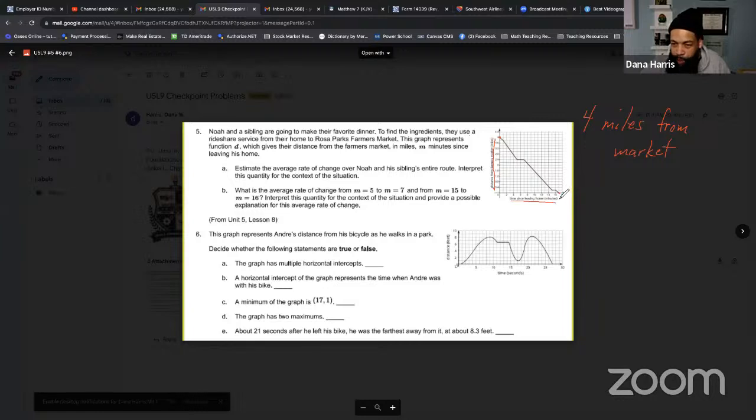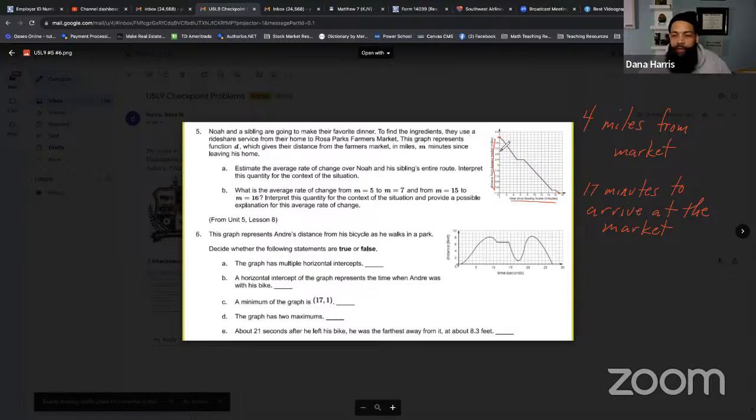It says here that it takes them 17 minutes to arrive at the market. Now, when it says estimate the average rate of change over Noah and his siblings' entire route, interpret this quantity for the context of the situation.